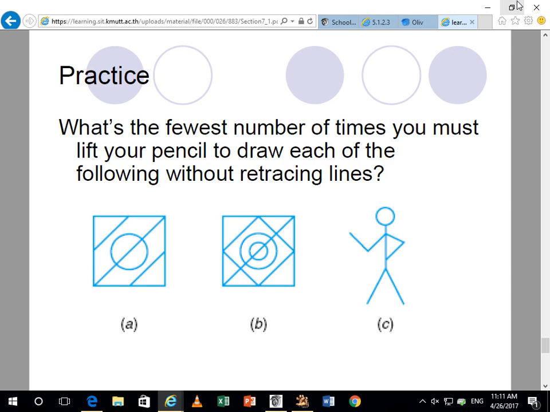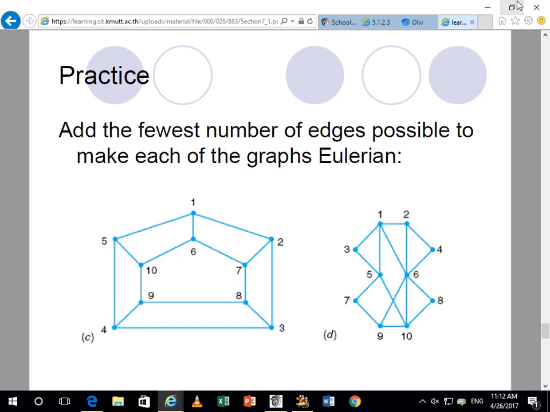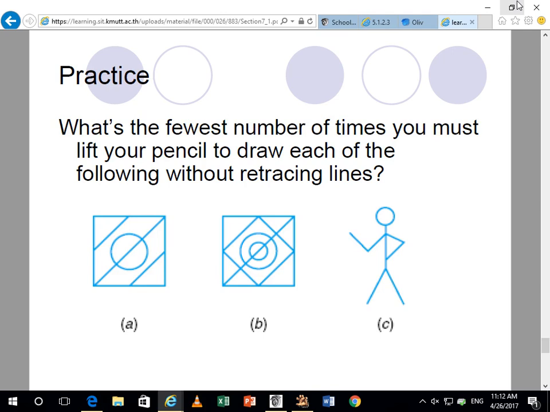So label it as nodes and edges to help you solve this easily, systematically, step by step. Label these as nodes and edges, and then try to solve it using what you have learned so far. Okay, so C, the stick figure.